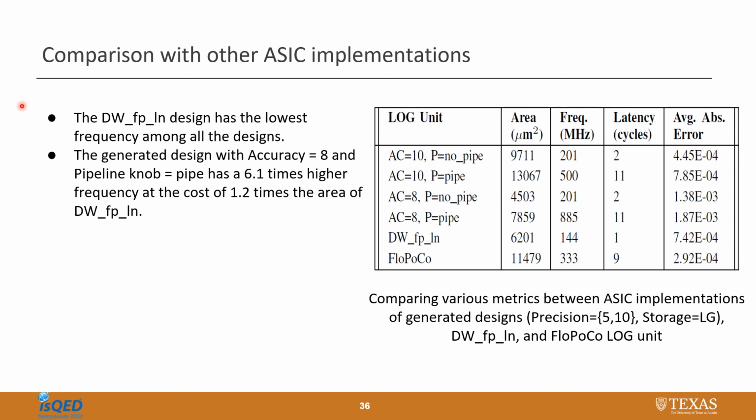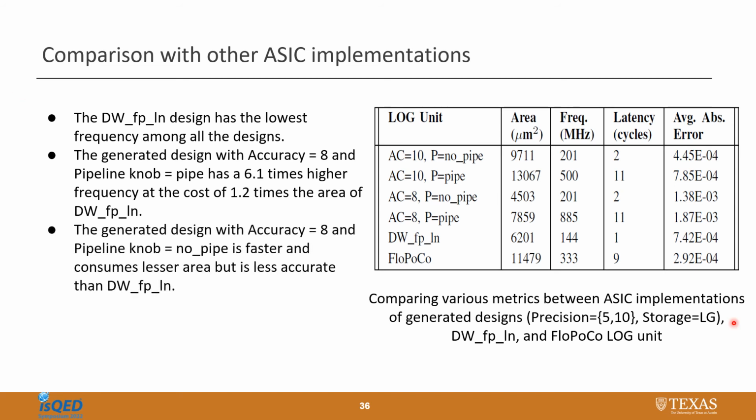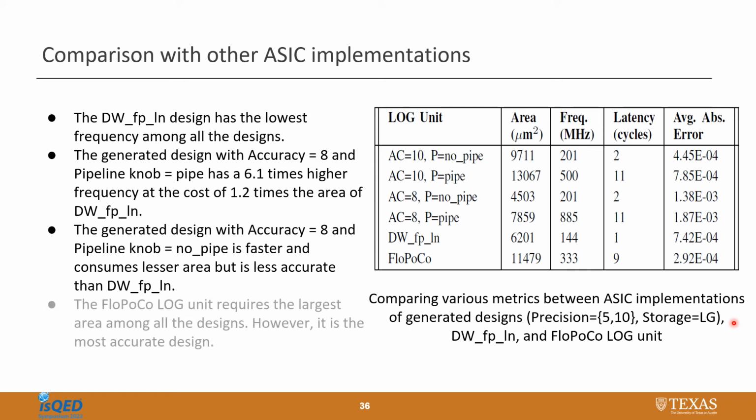Our optimized unpipelined log unit is faster and consumes lesser area than the Synopsys log unit. However, it is less accurate. The FloPoCo log units are the most accurate among all the designs but also require the highest amount of area.